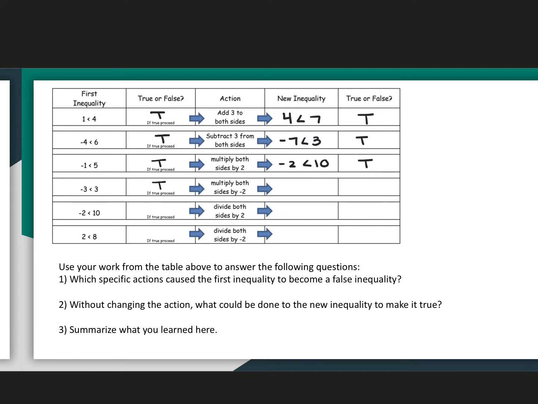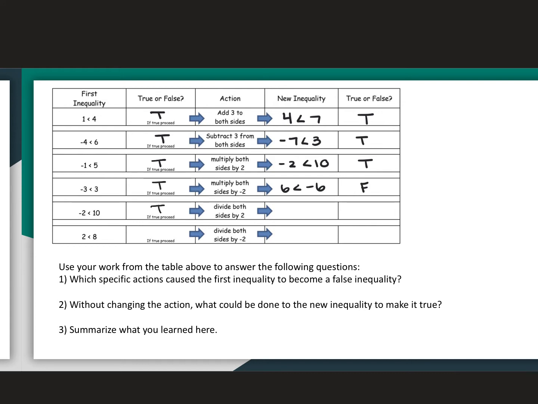Now I'm going to multiply both sides by negative 2, so negative 3 times negative 2 gives me 6. Negative 2 times 3 gives me a negative 6. So this one says that 6 is less than negative 6, which we know is false. All right. For the next one, we have negative 2 is less than 10, which is true.